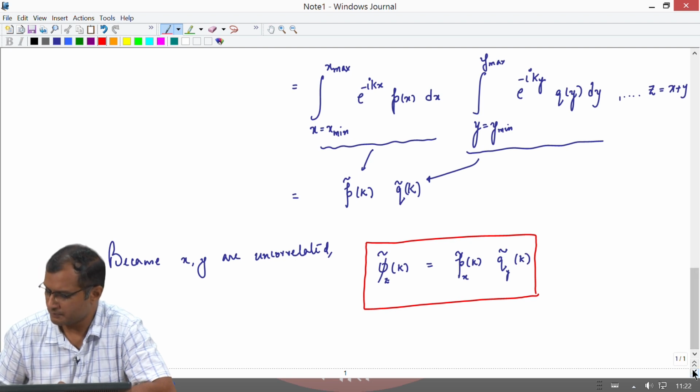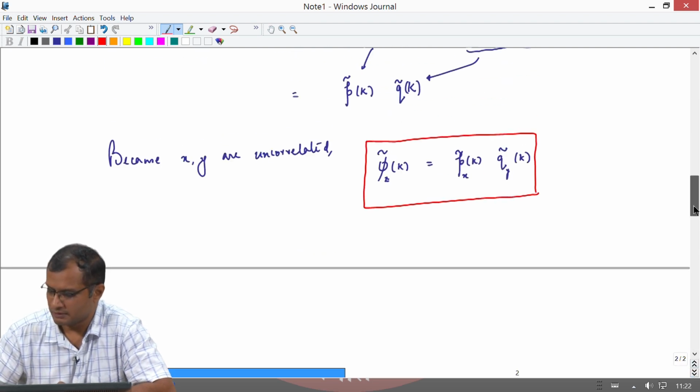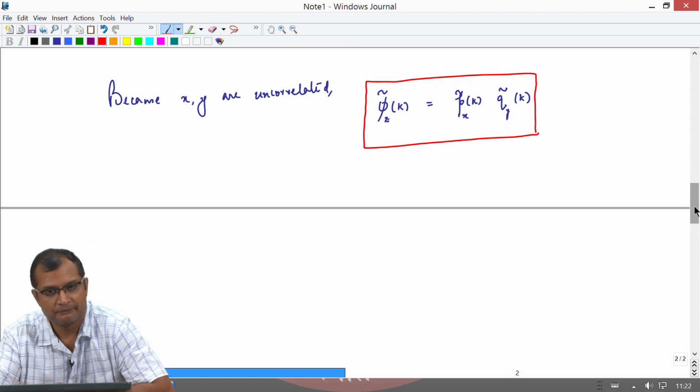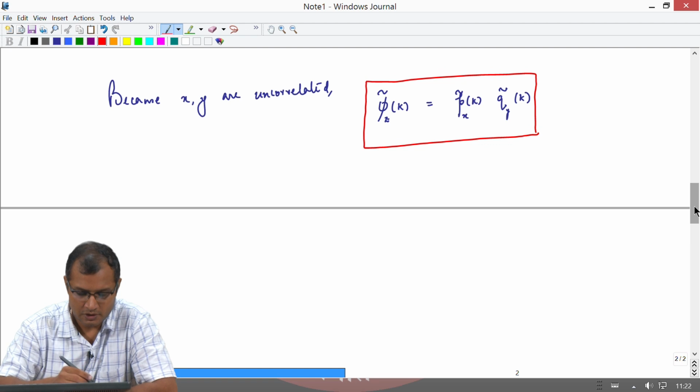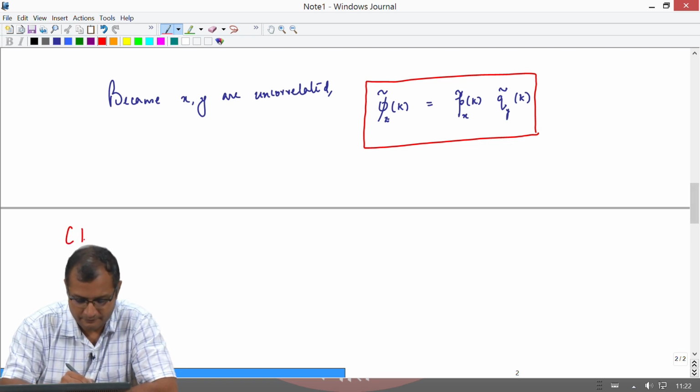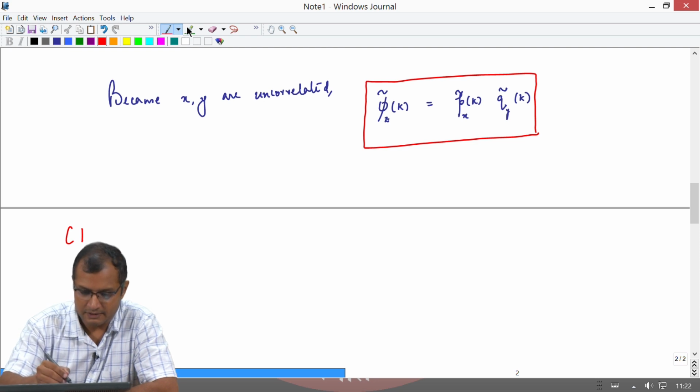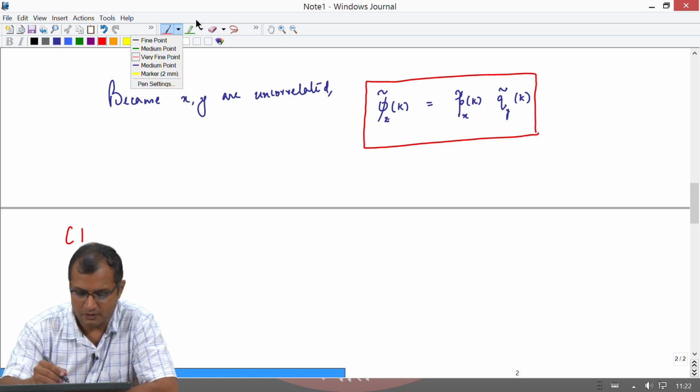So, now we are in a position to formally state and derive the central limit theorem. I am going to make the definition here, or state the central limit theorem here.